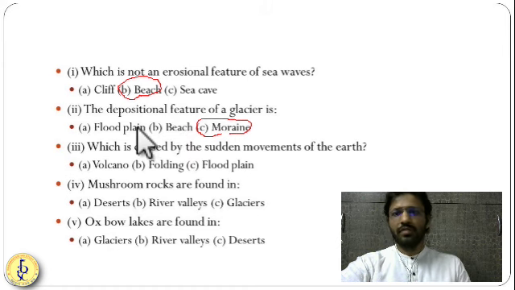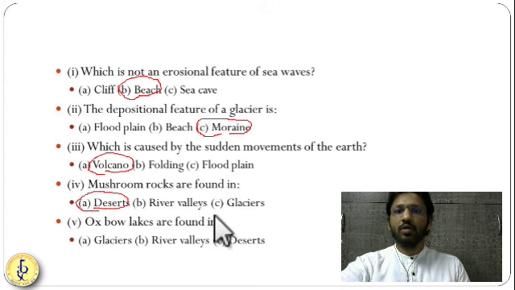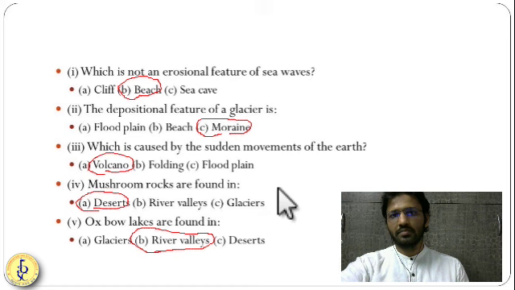Floodplain is a depositional feature of the river. Third question: which is caused by the sudden movement of the earth? Volcano is caused by the sudden movement of the earth. Mushroom rocks are found, definitely, in the desert. Oxbow lakes are found in the river valleys. It is a feature of the river.